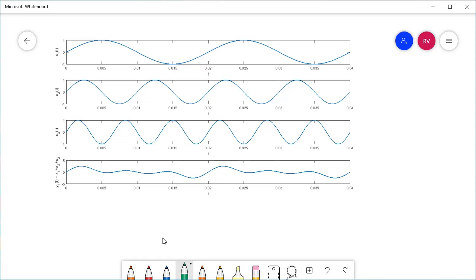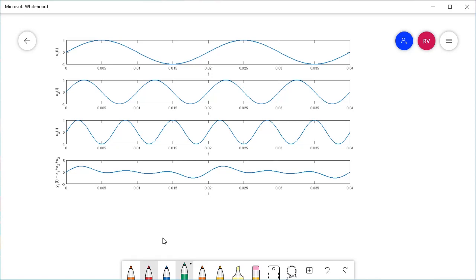Now the point here is that if these three sine waves are orthogonal to each other, which they actually are, that we will discuss in the end, then I can represent each sine wave as a different direction, like this.